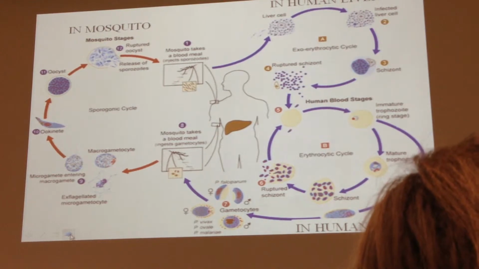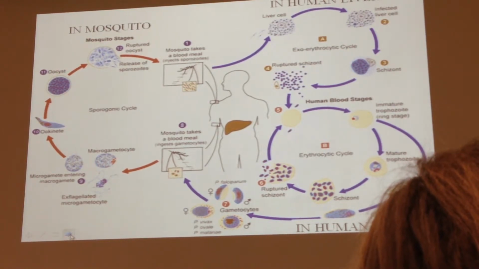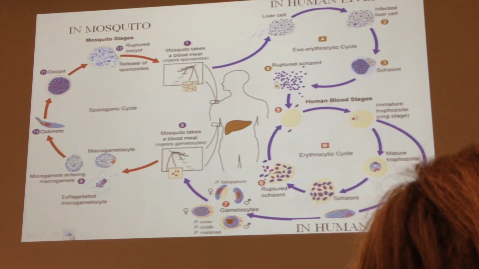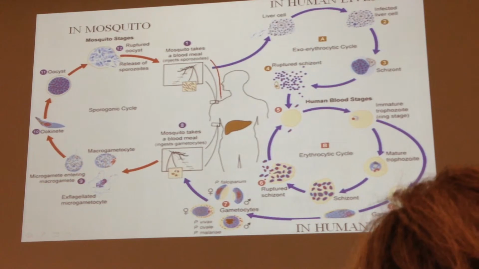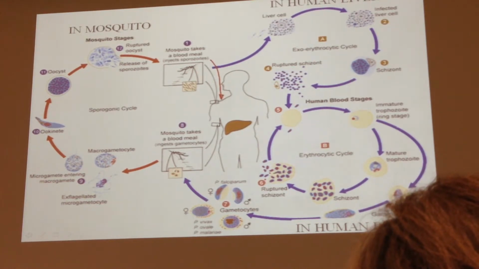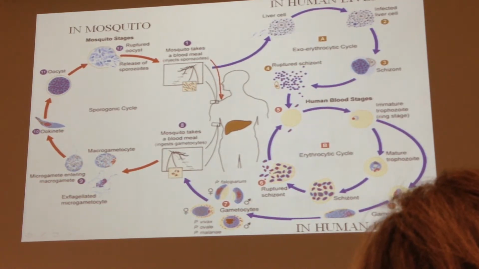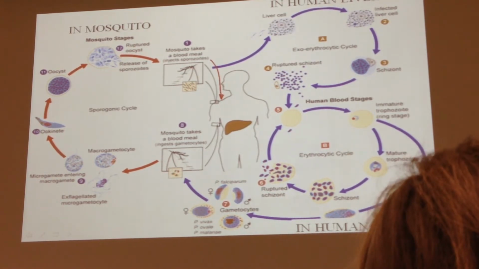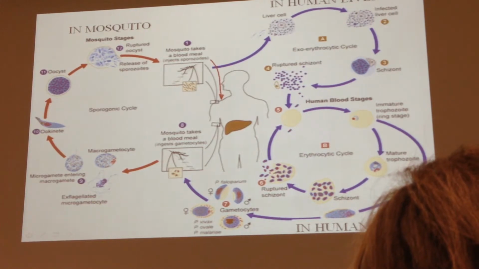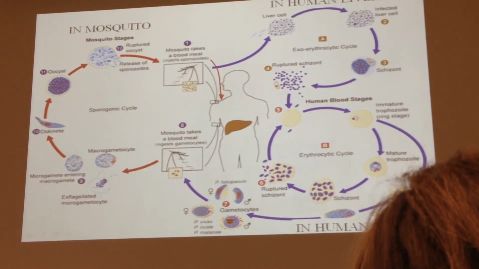And there are lots of different parts of its life cycle. In part of its life cycle, it's in the mosquito, and then the mosquito in the tropics will bite the human being and infect the human with a stage of that malaria organism.